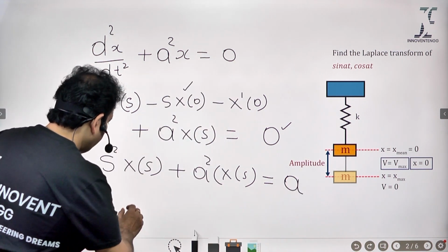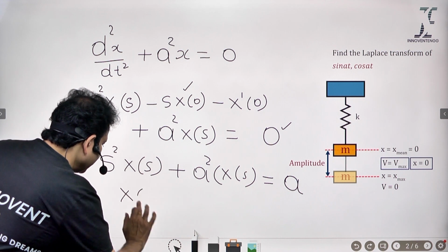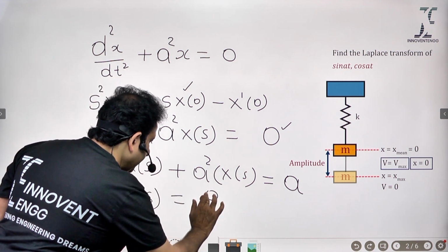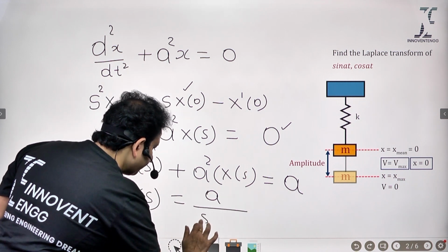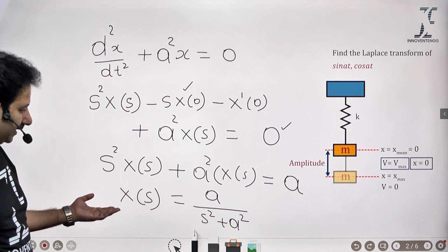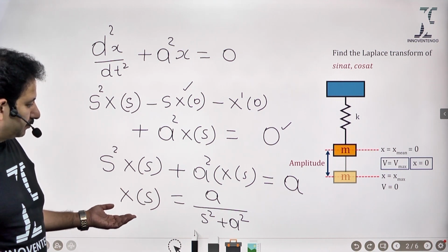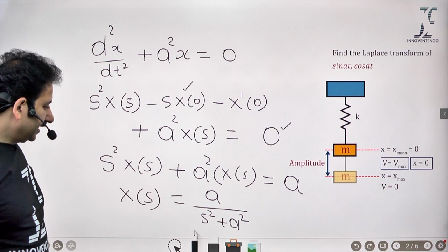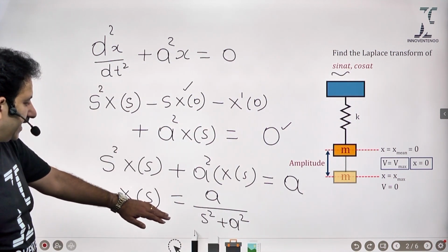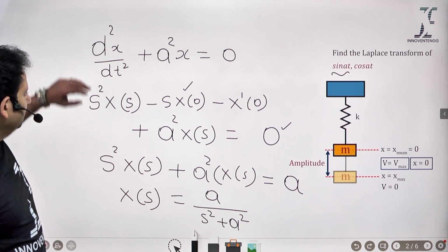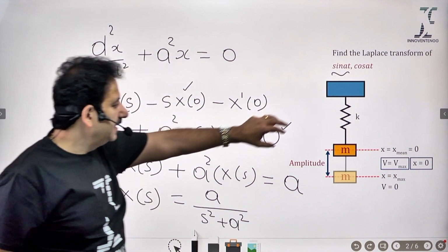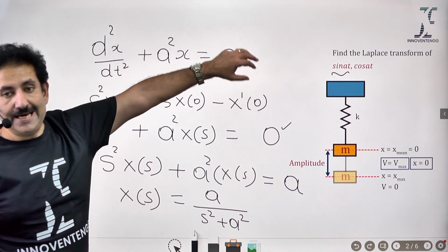And therefore what happens if I simplify? I'll get the expression for X of s, which is going to be a divided by s square plus a square, right? This is exactly the expression that we got for the Laplace transform of sine at. So when you reduce the differential equation for a spring mass system, it can be even for an LC system.